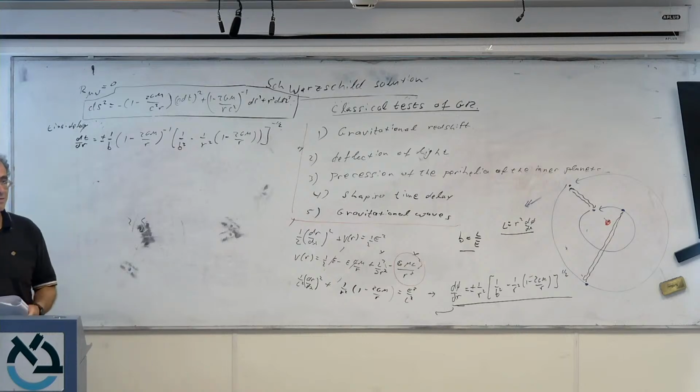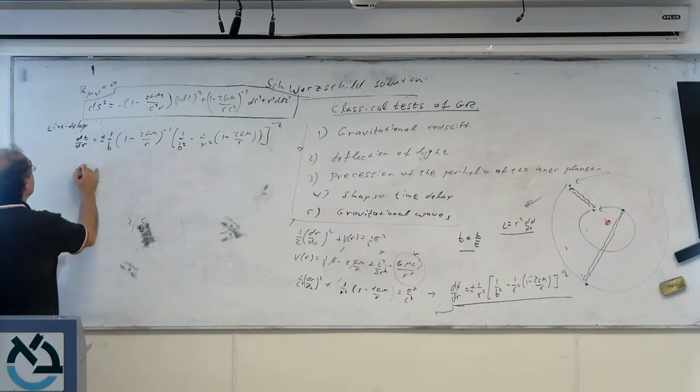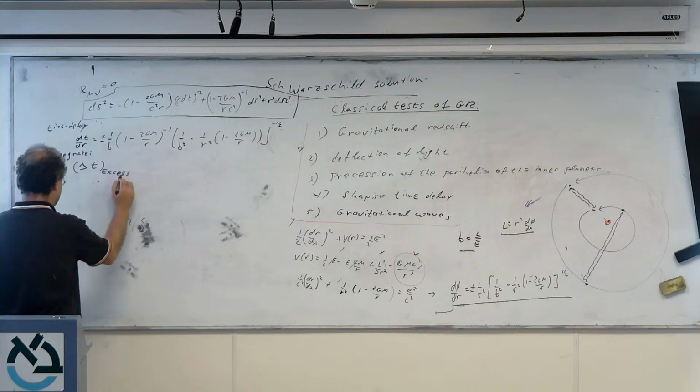Is it precise enough? Partly yes. They used the inner planets, either Mercury or Venus. For the excess time delay, we use r1 equal to b, and when you integrate over that, you have delta T, the excess. This is just GR.